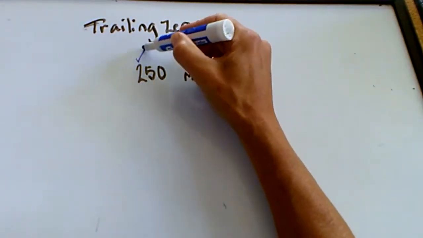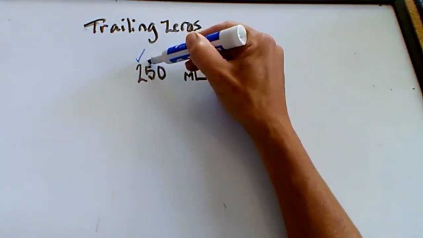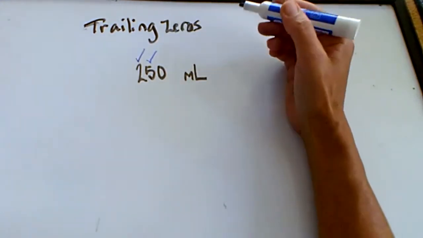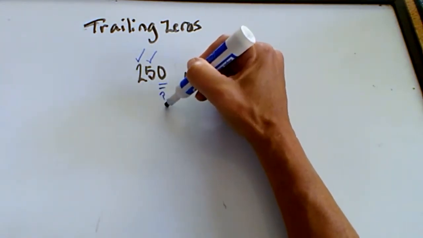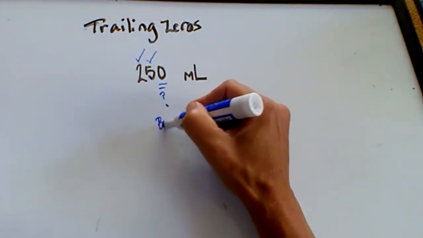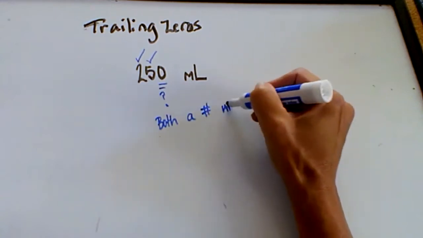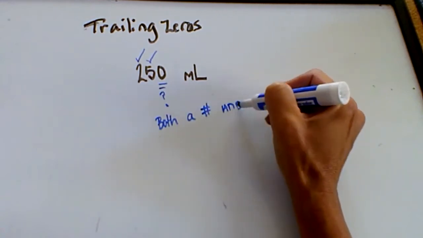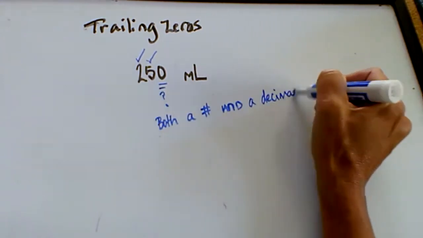This is a 2, so it's significant because it's not a 0. This is a 5, so it's significant because it's not a 0. Oh, now I have my 0. Remember, those are my question marks. Well, look at the rule: is there both a number and a decimal in front?